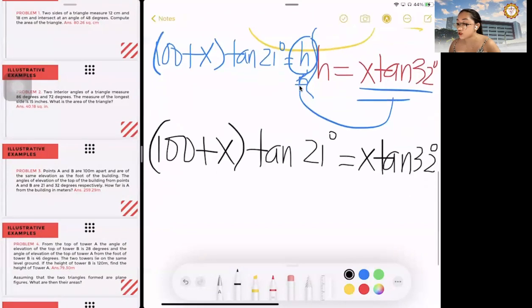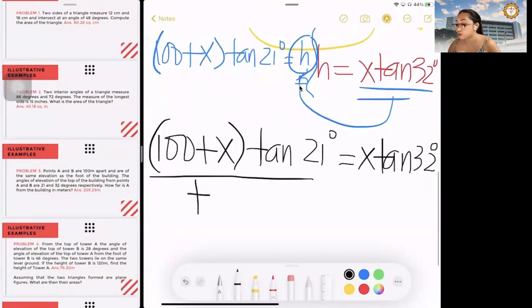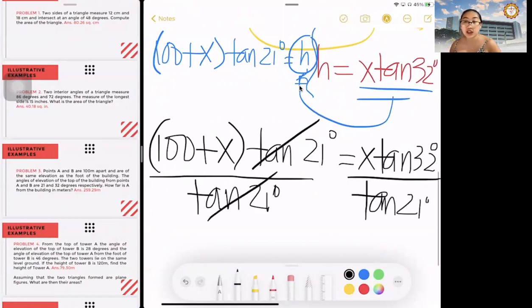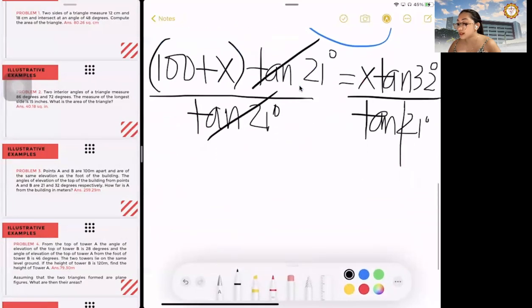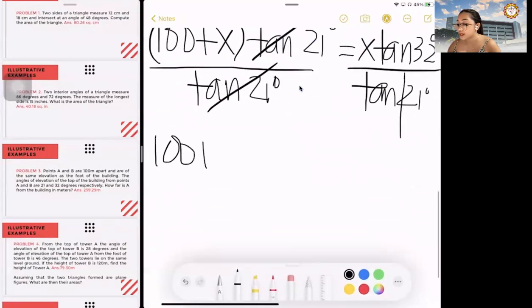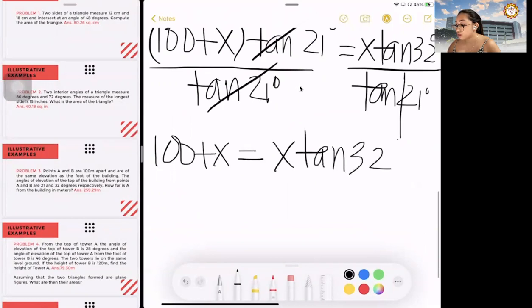So we can actually divide both sides by tangent of 21, canceling 21 here. So what happens now is this becomes 100 plus X equals X tangent of 32 over tangent of 21.